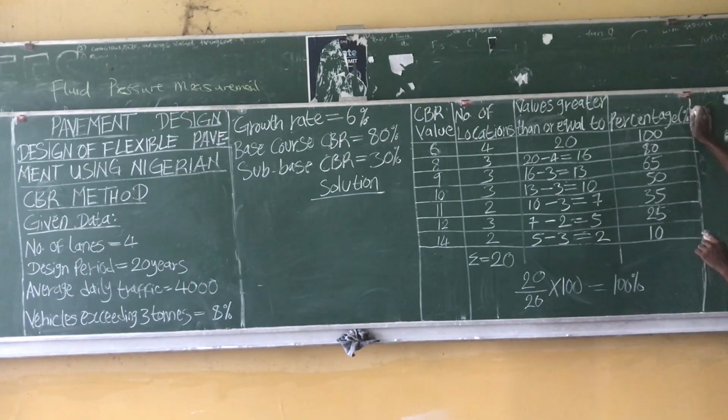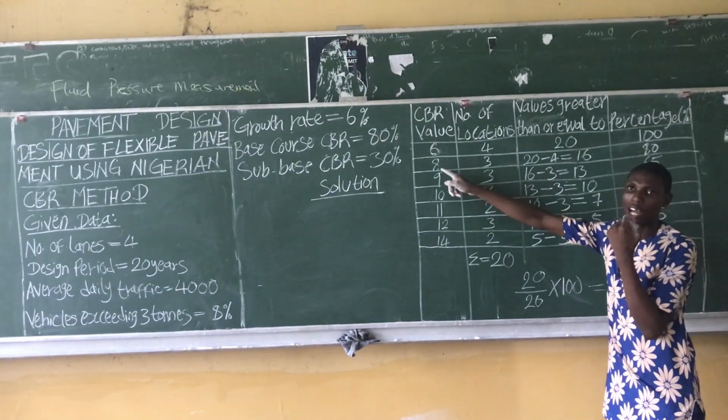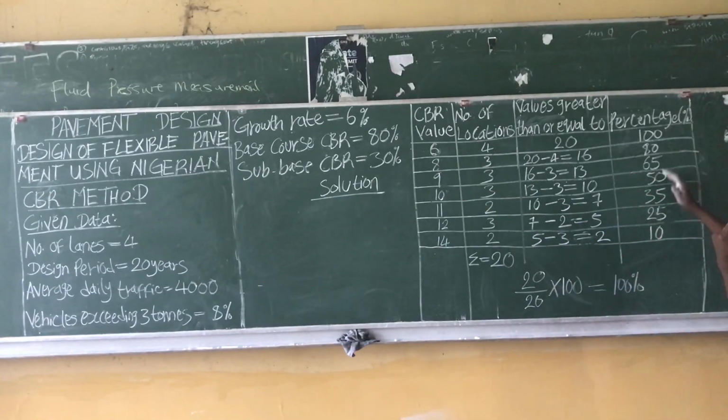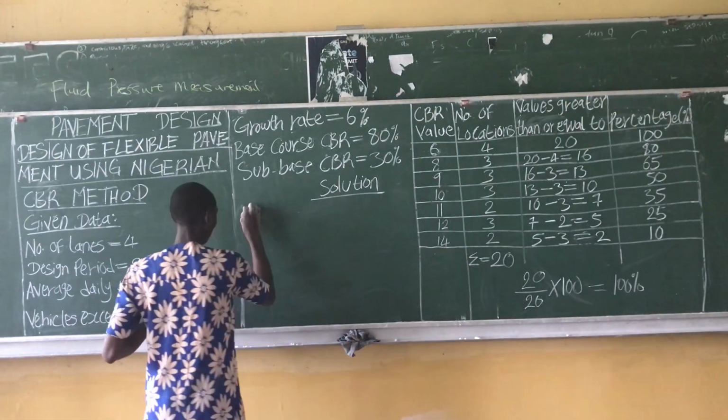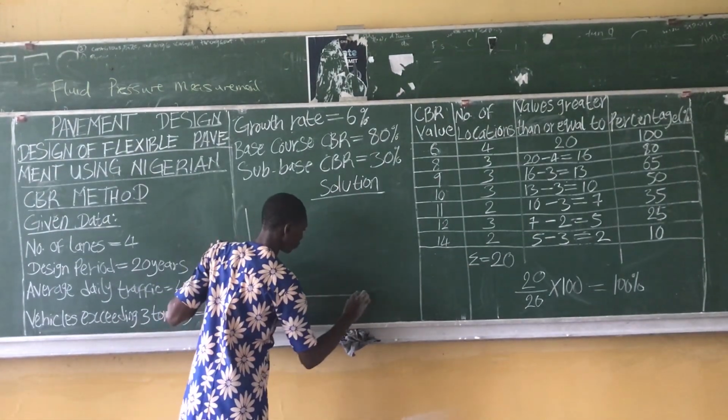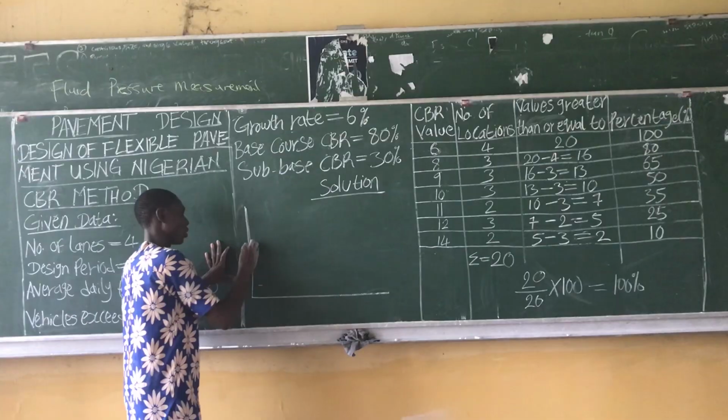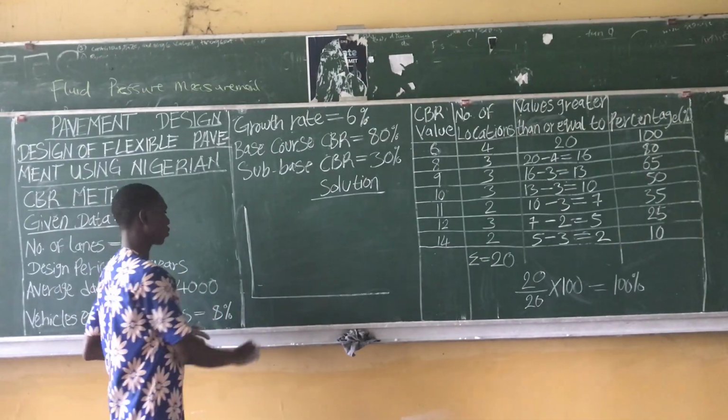So to determine our CBR value for the subgrade, we'll be plotting a graph of our percentage against our CBR values. So percentage on the vertical axis and our CBR on the horizontal axis. So we have a graph such as this.